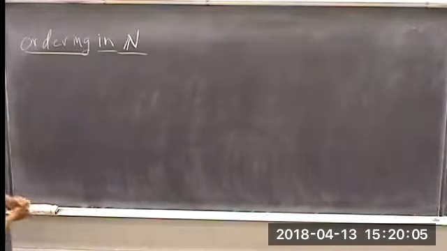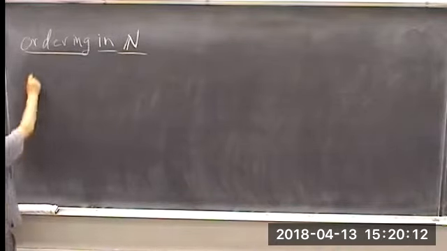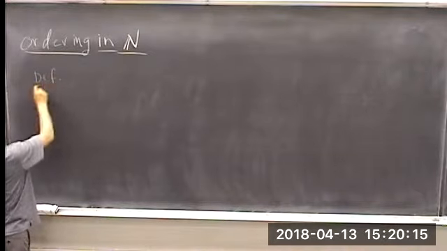Okay, so next we're going to talk about defining an order relation on the set of natural numbers. So here's the definition.